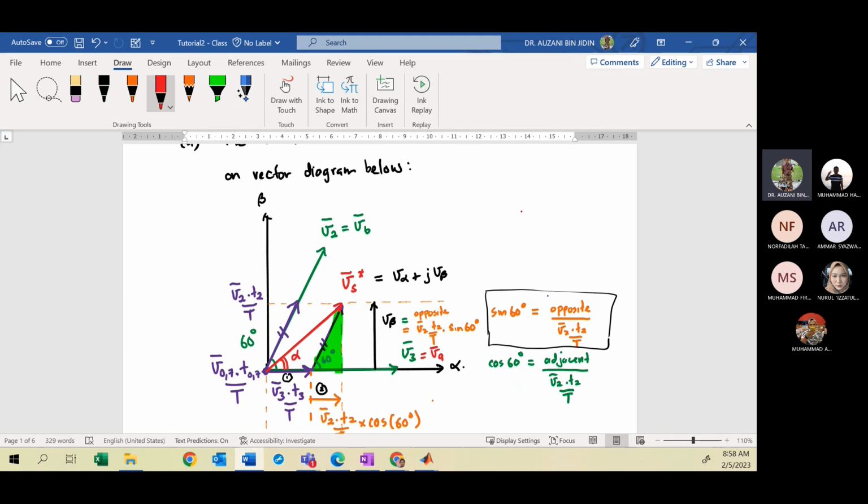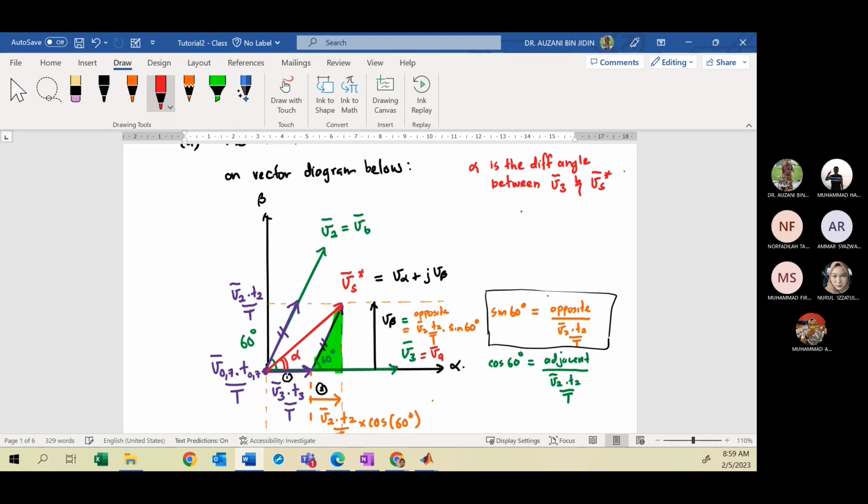Or maybe I can put the note here: alpha is the different angle between V3, the first adjacent vector, and the space vector reference.